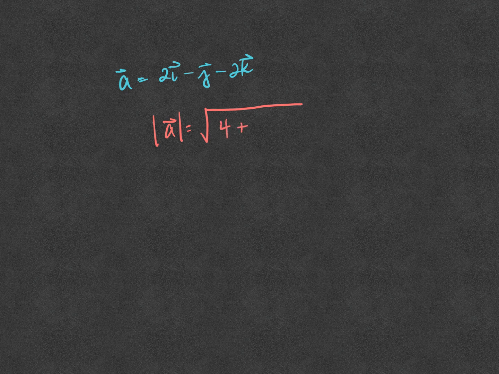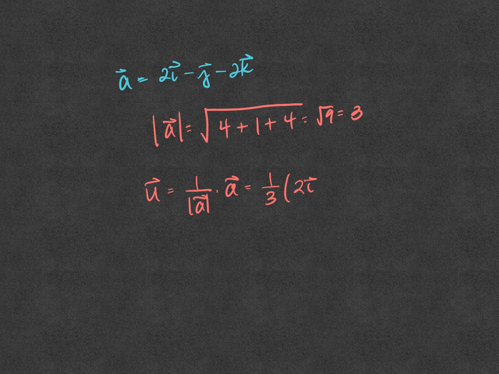And then negative 1 squared is 1, plus 2 squared is 4. So this is the square root of 9, which is 3. So then for our unit vector, we're going to put 1 over the length of a times vector a. We tend to write it out front as a fraction. 1 over 3. The length of vector a is 3. Now, we're in ijk format, so we tend to stay in ijk format. We tend to not bounce back and forth. So we're going to say 2i minus j minus 2k.